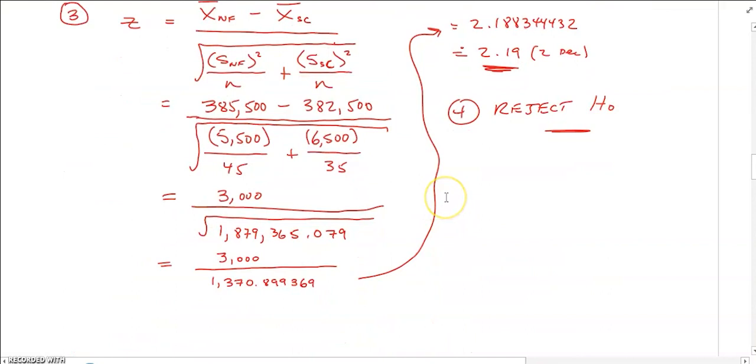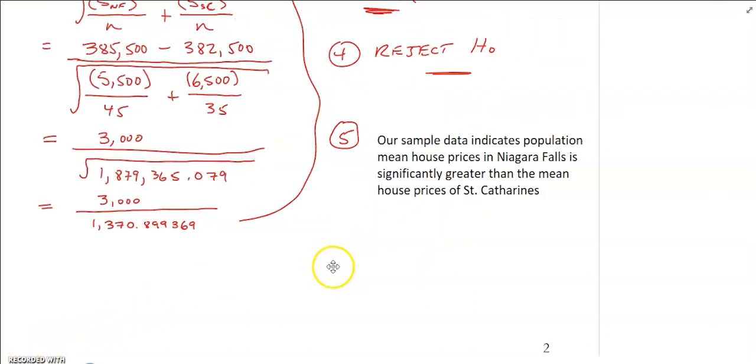So let's state our conclusion. The final statement I came up with is our sample data indicates population mean house prices in Niagara Falls is significantly greater than the mean house prices of St. Catharines. With that said, we'll try the next example.